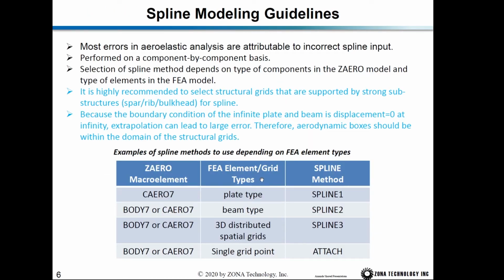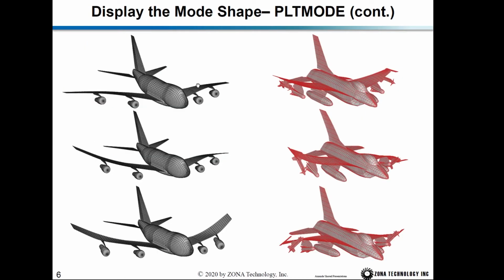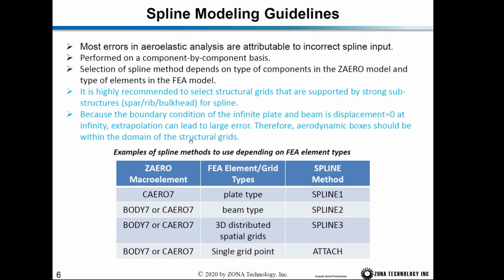Now the spline modeling guideline. Most errors in aeroelastic analysis are due to incorrect spline input, so you always want to use plot mode to check the spline input. Also, the spline is performed on a component by component basis, so you have to select aerodynamic components.